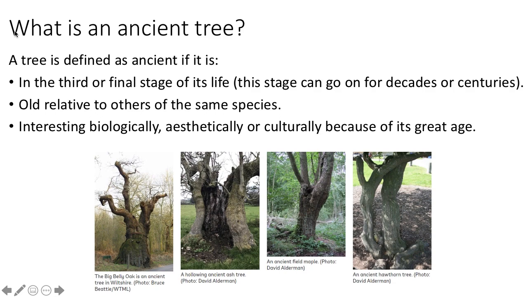And you've got some nice examples here in the pictures. The Big Belly Oak, an ancient tree in Wiltshire, a hollowing ash tree, an ancient field maple, and an ancient hawthorn tree. So actually this provides a nice example of the differences between species of ancient trees.